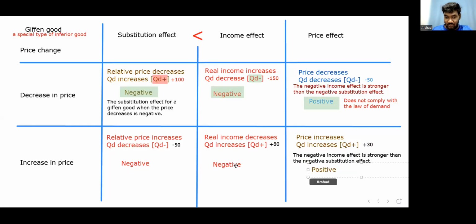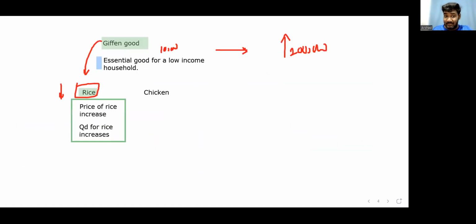Fine, guys. Questions, problems, issues? Why will QD increase when the price increases? That's what I said. Remember the Giffen good story that I explained. What is a Giffen good? An essential good for a low-income household, let's say rice. When the price of rice increases, how will this poor household think?